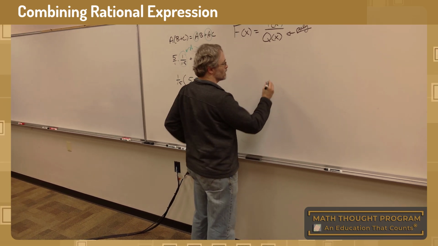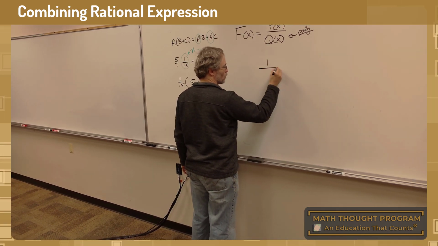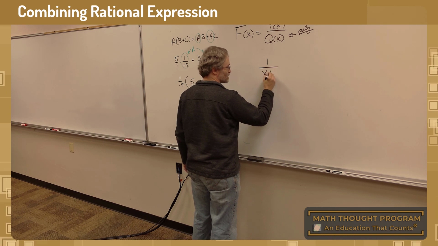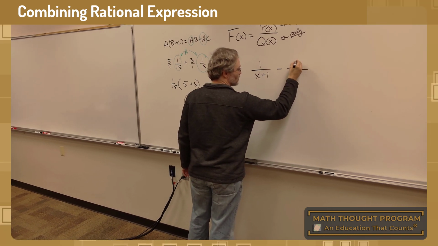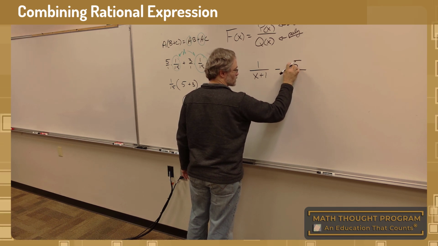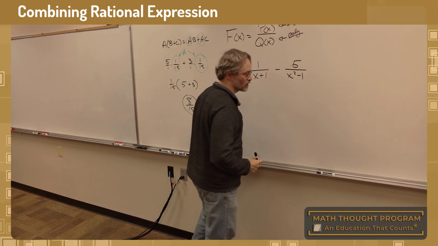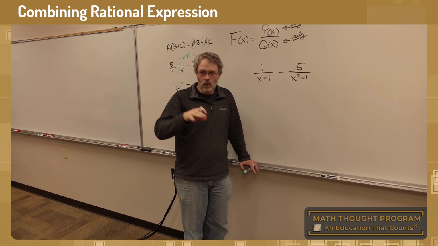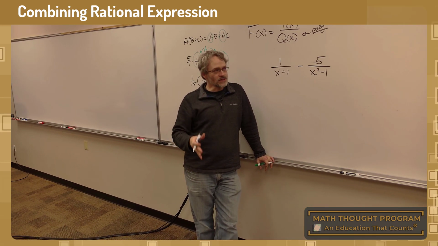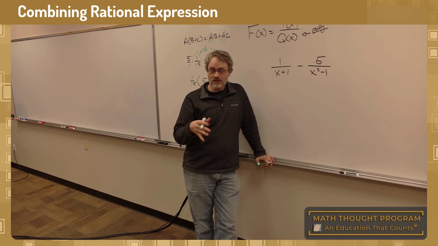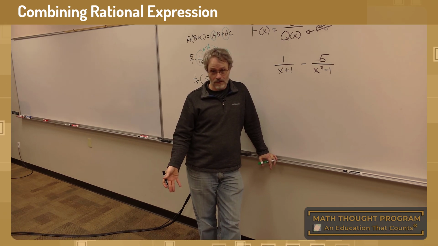But let's say I'm looking at something like 1 over x plus 1, subtract it off, and let's say 5 over x squared minus 1. And I want to combine these. I want to subtract these. So the question is, how do I subtract these two rational expressions?